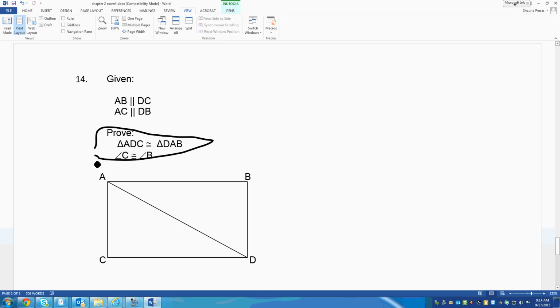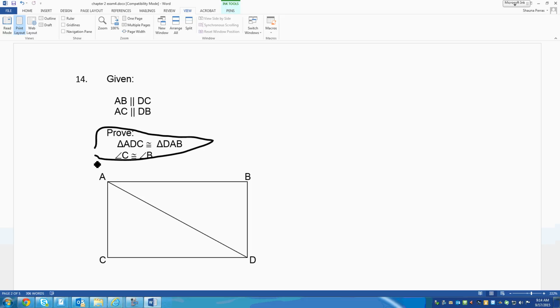And then you have to figure out how you're proving it. You're going to have to remember side-side-side, side-angle-side, angle-side-angle, angle-angle-side, or hypotenuse-leg, right? And then you have to use from sections 2.1 and 2.2 some of the parallel lines and angles. That'll probably show up in here.